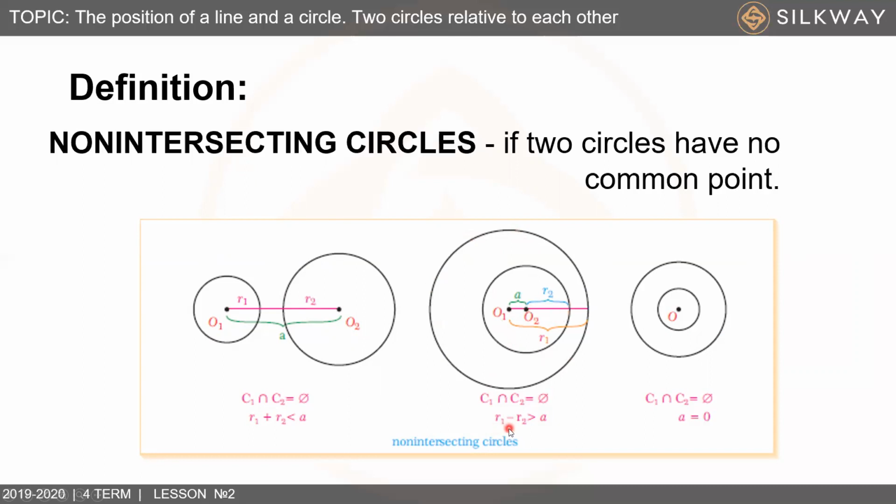If R1 minus R2 is bigger than A, then the circles are called non-intersecting circles. The third one: here A is equal to 0. Then it's also called non-intersecting circles. Why? Because both these circles have the same center, point O.